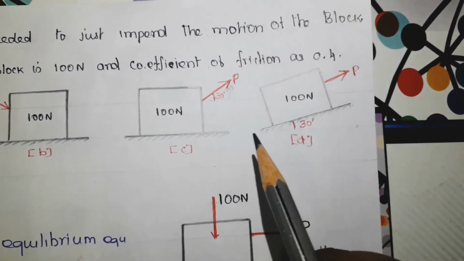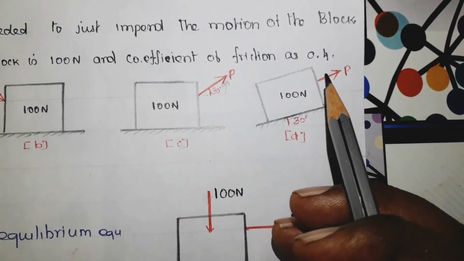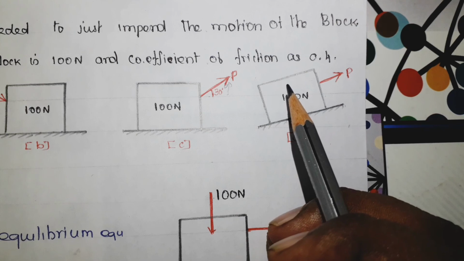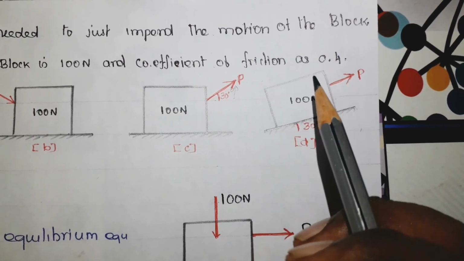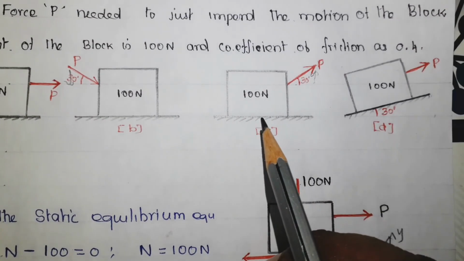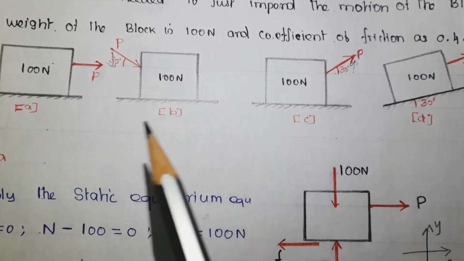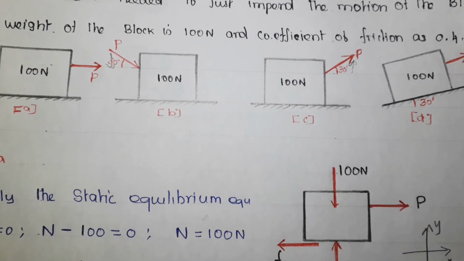But if you take this last case, P has to work not only against the friction but also against one of the components of the weight. That's the reason why here you will have the maximum value, here you have less value, when compared to all the four. So that's all about this problem.